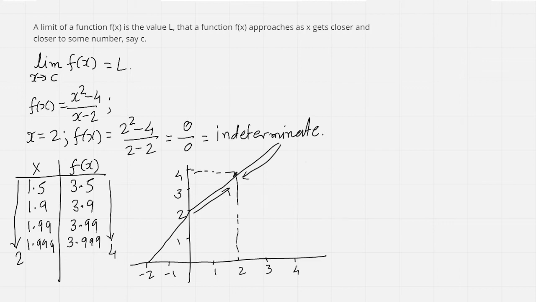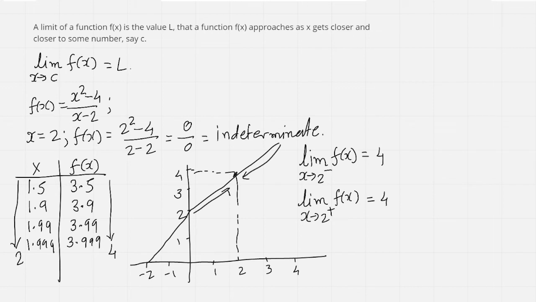Left hand side limit we can write mathematically as limit f of x as x approaches 2 from the left side is equal to 4. To denote the left side, we will put a negative sign in the upper right corner of 2. Similarly, limit f of x as x approaches 2 from the right side is also 4.